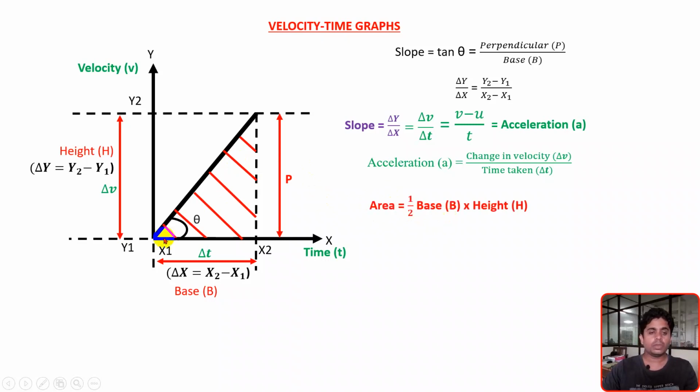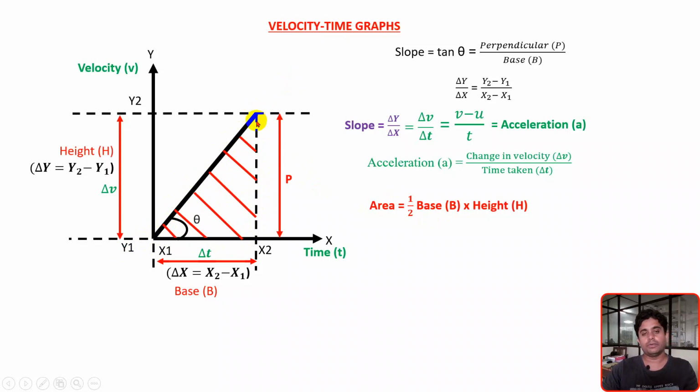Now, we will consider this area. What is this area? This triangular area. This triangular area is nothing but the area below this line, or the area under this line, the line which we have considered in the velocity time graph.